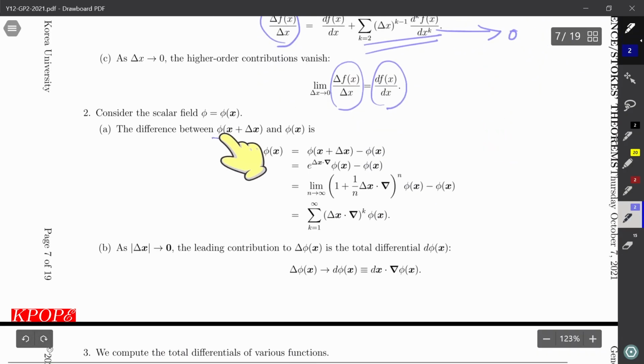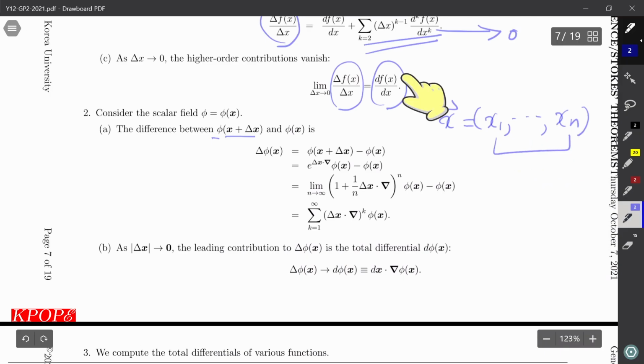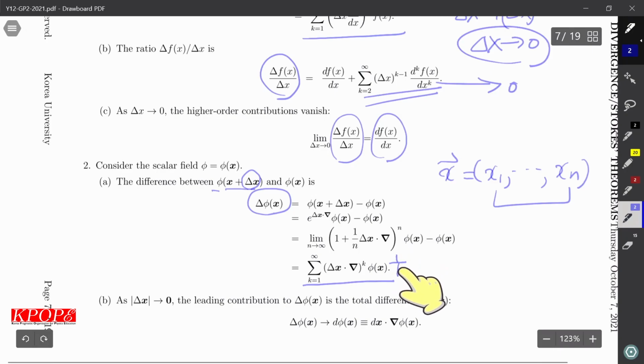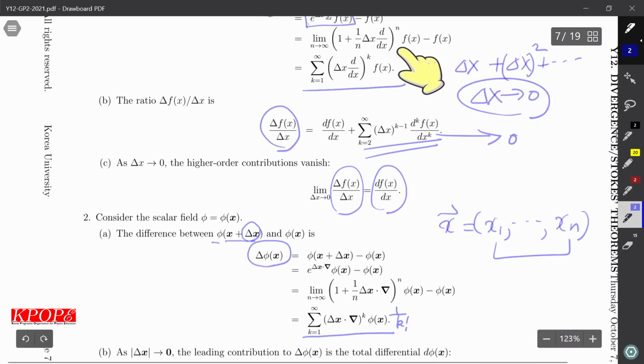If a function is a function of multiple variables, for example an n-dimensional Euclidean vector with n coordinates, then we extend this idea to the n-dimensional case. The variation of the function due to the variation of the coordinates in n dimensions is of the form, sure, a 1 over k factorial is missing.